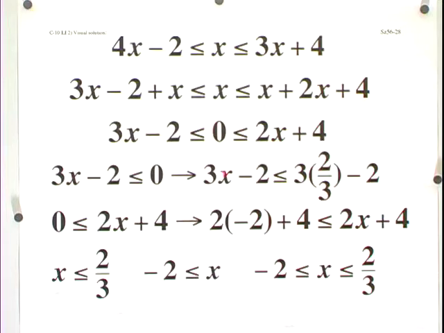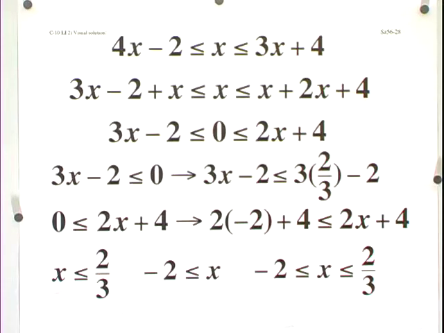And then to match this coefficient, I need to multiply by 3 and divide by 3. And when I do that, I have x. This coefficient is positive, so the sense of this inequality stays the same. x is less than or equal to 2/3. Here it is right here.